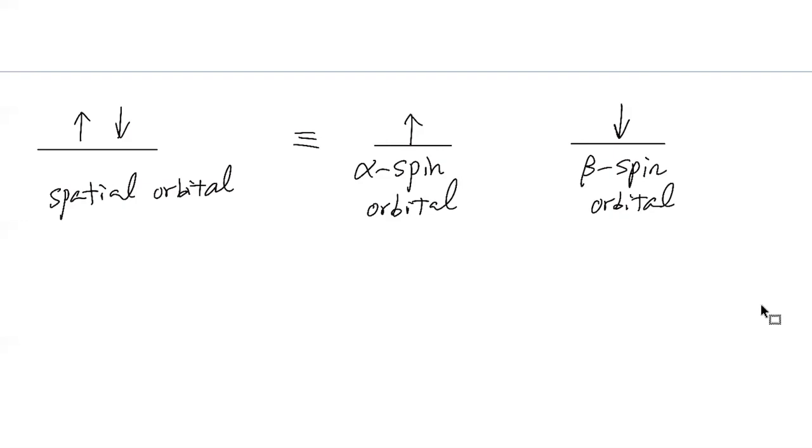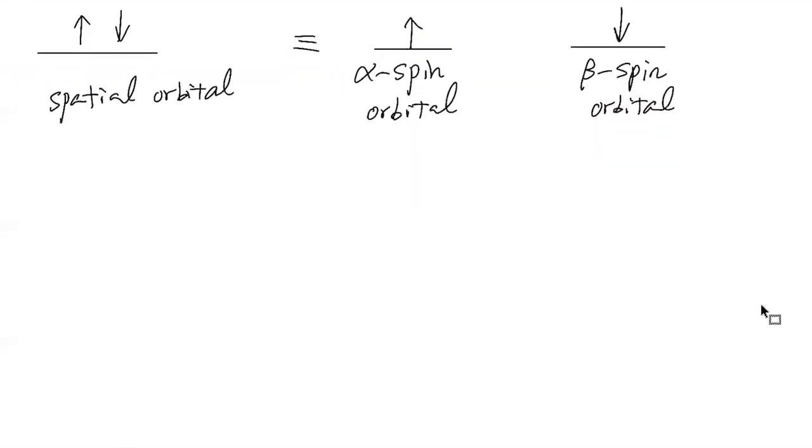The alpha spin orbital, of course, is psi 1, where psi represents the spatial distribution, times alpha 1. The beta spin orbital is, of course, psi prime 2 times beta 2.